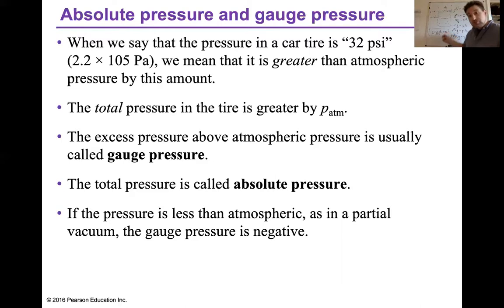The absolute pressure is still greater than atmospheric pressure, but the gauge pressure could be less than atmospheric. If you've got some kind of partial vacuum, like the slide says. If we pump some air out, then the local pressure, rho g h, is less than the atmospheric.